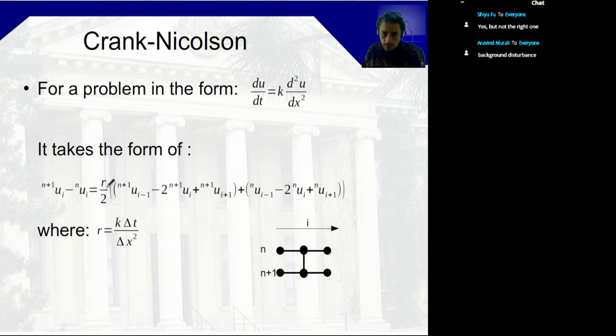So that's why we have r over 2, because in terms of time we have u^(n+1), and it is equal to r, but we say 1 over 2 because of what we end up saying.